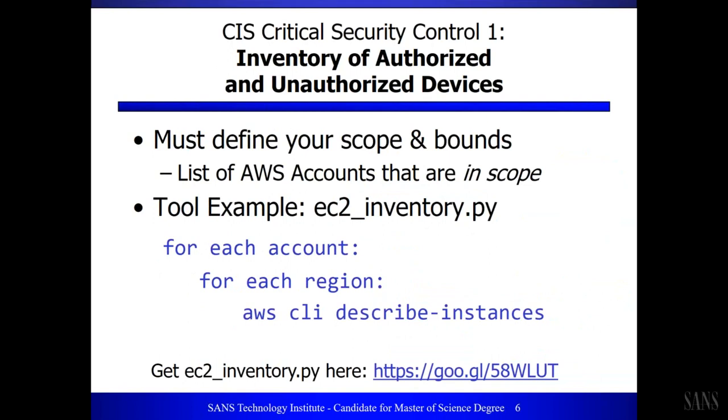This ec2 inventory.py script outputs a CSV that can be imported into Excel as a spreadsheet. And this spreadsheet will show the instance name, the internal and external IP addresses, the region, the account that it's in, the age of the EC2 instance, in addition to the two tags that I just mentioned, managed by and keep until. And now I'm starting to warn users that I will terminate any instance that's untagged as an unauthorized device.